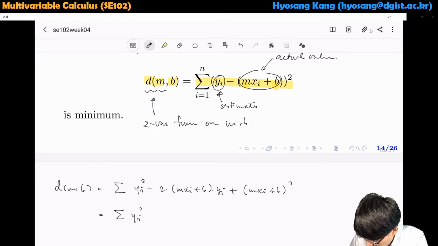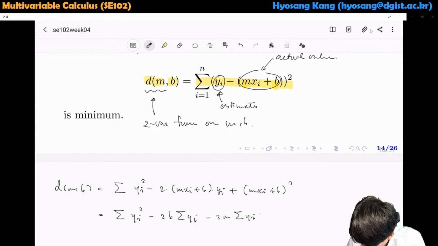So this is yi squared, which is constant, and minus 2b times yi, also a constant, and minus 2m, oh sorry, that's not constant, so let me put this b at the end.